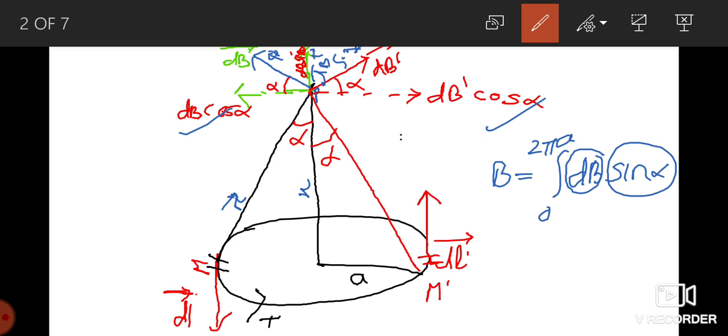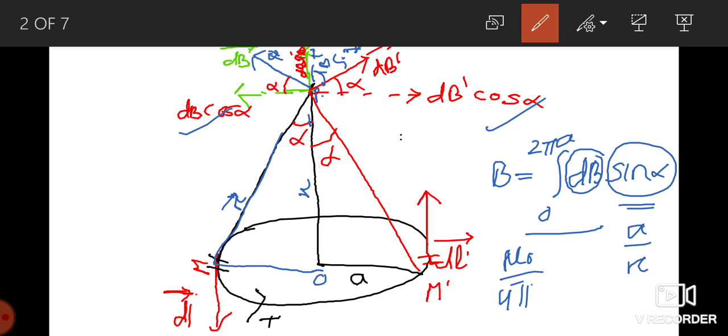From the triangle M, O and P in the figure, sin alpha is equal to a by r, and dB we have found equal to mu 0 by 4 pi into I dl by r square.